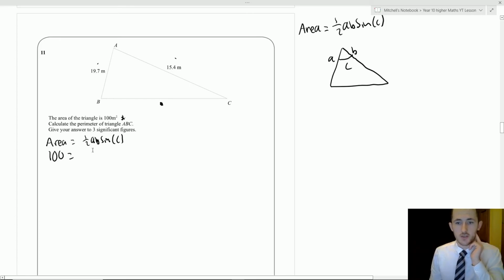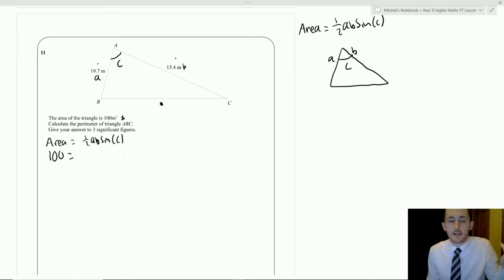AB are just the two sides that make up the triangle, their lengths. I was about to say, C has to be the angle between them. So in this case, my C is over here. So my A and B are these two sides, because they're the only two lengths I've got given. So I have to call the angle between them C. I have to.